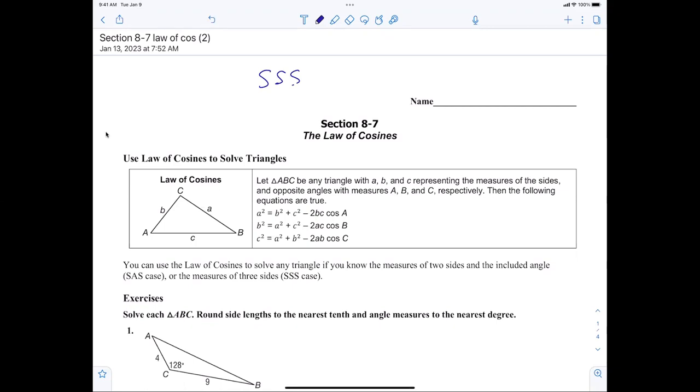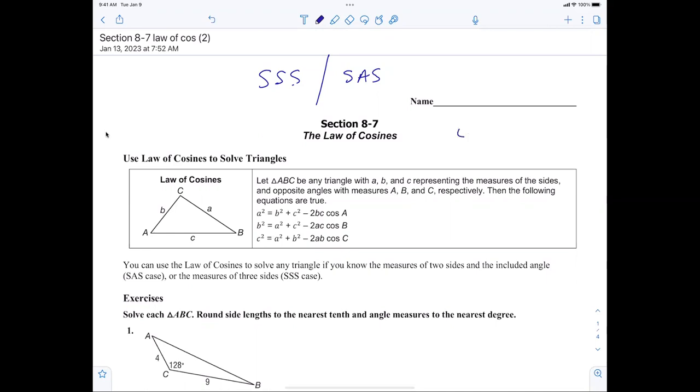When you have all three sides known, you can calculate the missing angles. And when you have a side, angle, side, you can calculate the rest of the measures. That's when you use law of cosines.